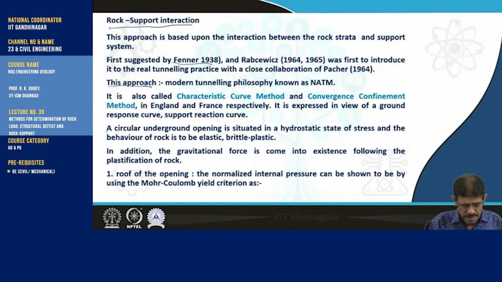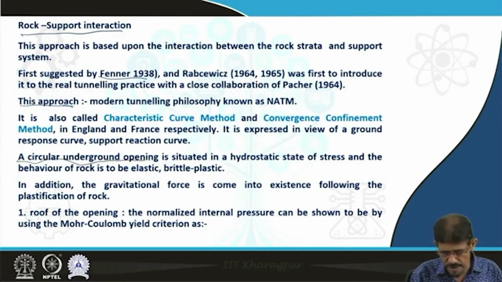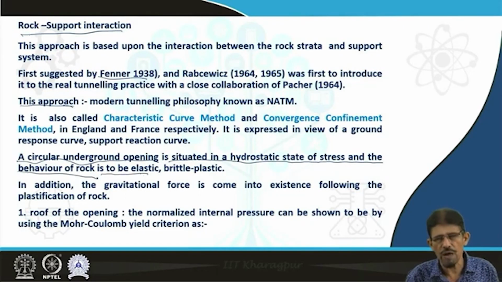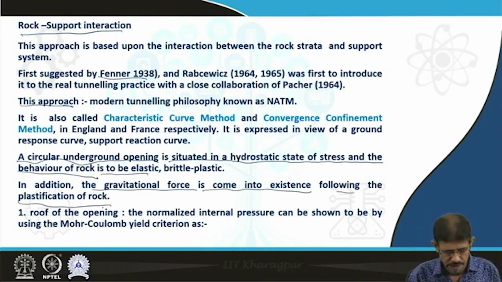In this case, a circular underground opening is situated in a hydrostatic state of stress and the behavior of rock strata is elastic or brittle plastic. In addition, the gravitational force comes into existence following the plastification of rock. The condition necessary for plastification is first the roof of the opening.